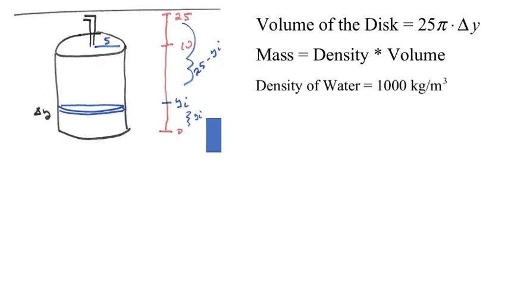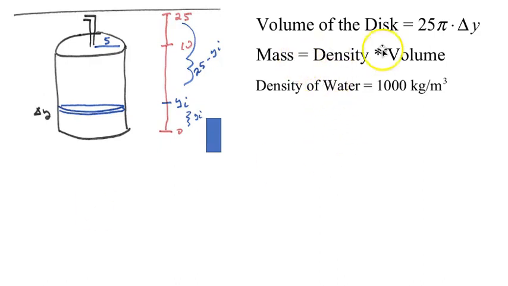That can be converted to 1,000 kilograms per cubic meter for water. Different fluids will have different densities. So you'll notice when we're dealing with British units, we said 62.5 pounds per cubic foot. 1,000 kilograms per cubic meter is what we have here for our density of water.